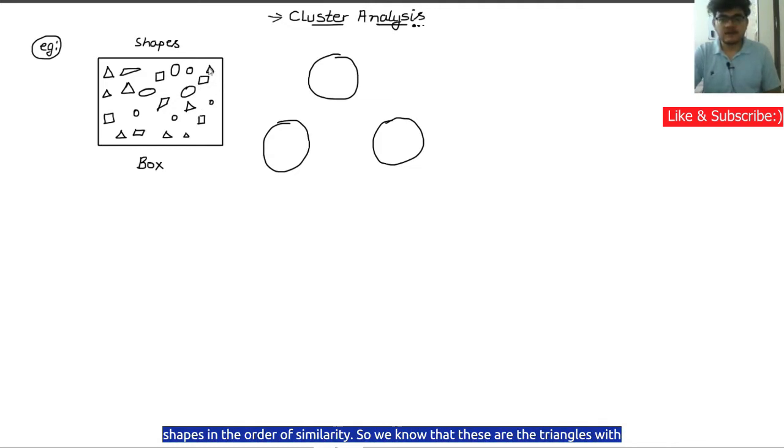We know that these are triangles with different shapes, and I will assign them to a single cluster, right? All the triangles with different shapes, I'm going to assign them inside this cluster. All the circles with different shapes and sizes will be assigned to this one, and then finally I will assign all the squares and rectangles here.